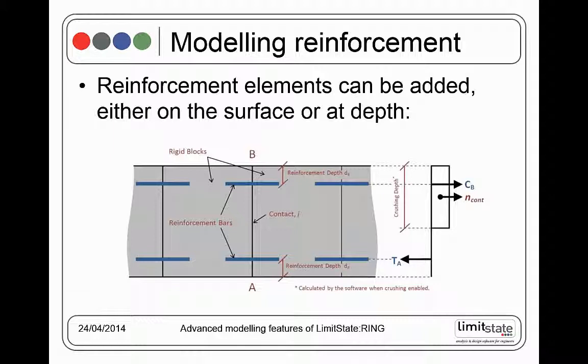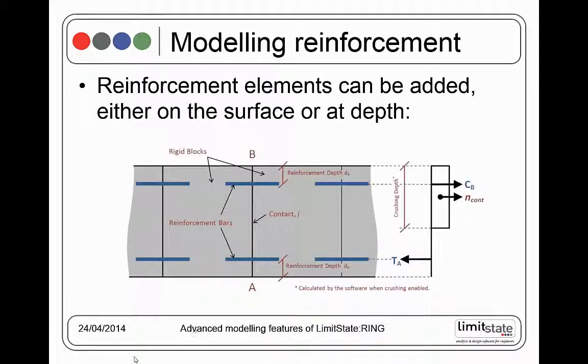Basically, we can add reinforcement elements either to the intrados or to the extrados of the barrel, and also either on the surface or at some prescribed depth, as you can see. So in terms of the mathematics, it doesn't change the calculation significantly. You simply have additional forces acting at the contact, as you can see here.